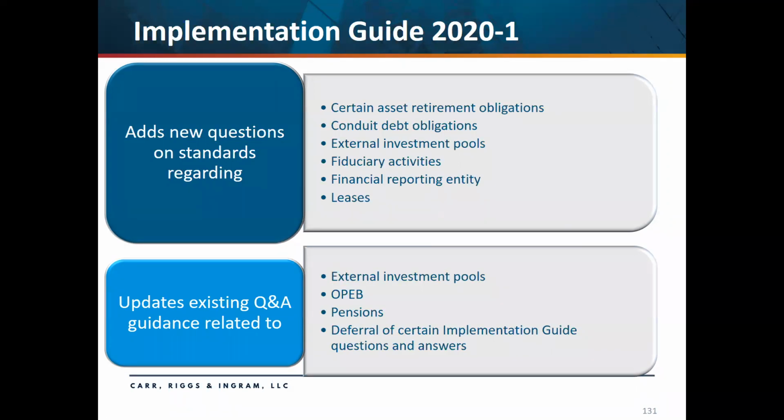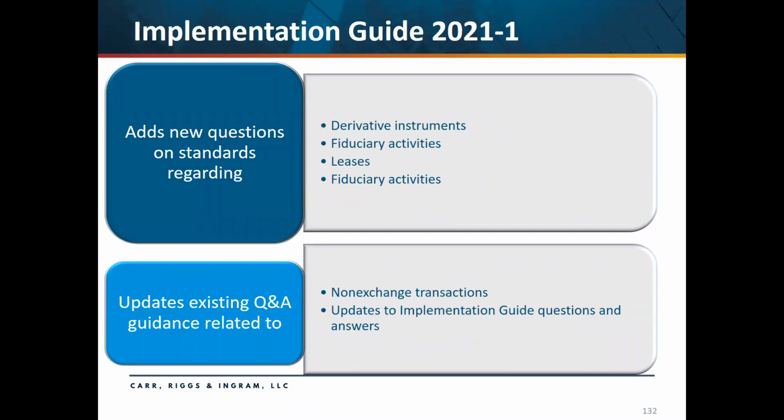It would be a great place to get some more guidance. The 2021-1 also came out, and it also hits those leases. I think one of the biggest statements out there is hitting the 84 and 87, because those are the biggest ones being implemented right now. This would be a great place for you to answer some of your questions with guidance that GASB has put out in these implementation guides.